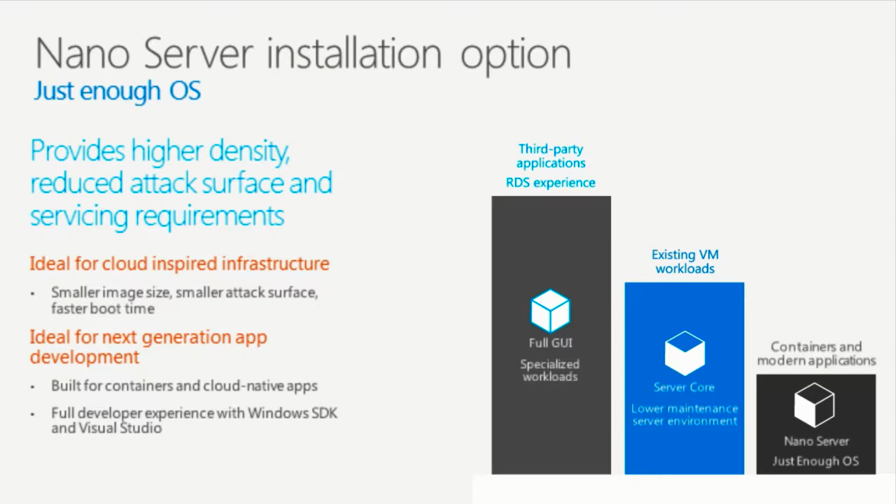Now, another thing to keep in mind is what Nano Server can be used for, what it's really optimized for. And Microsoft is really pushing Nano Server as a platform for virtualization and cloud-based applications. So what exactly is a cloud-based application? Well, think about if you use any type of public cloud service like Microsoft Azure or AWS.